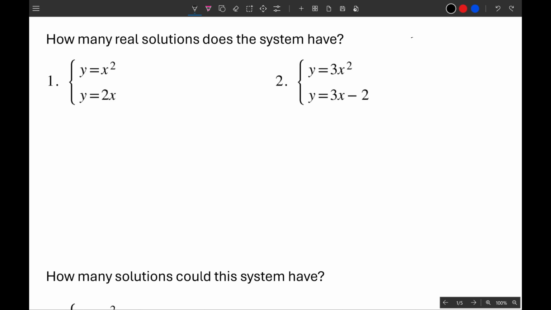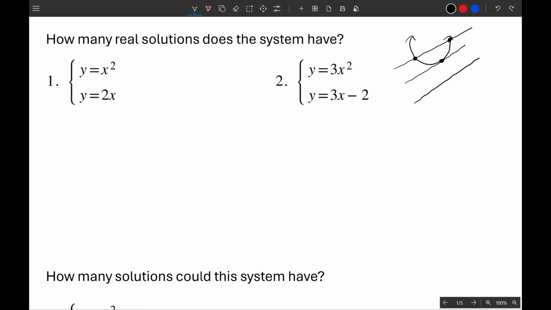So if I were to graph my quadratic equation, we'll have some kind of U shape, and then I graph my line, it could so happen that my line will just graze and touch at one exact point. That point of intersection would be one solution. If my linear equation comes and hits my parabola twice, that means I'm going to have two solutions.